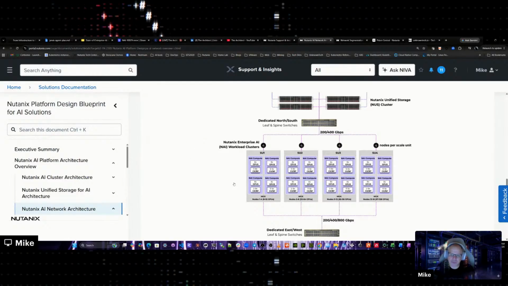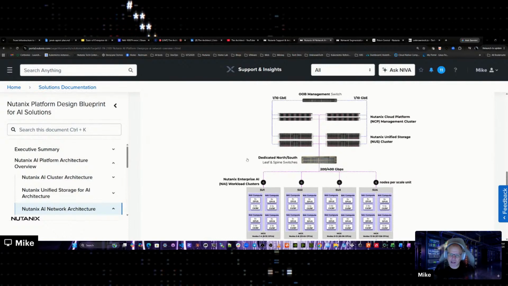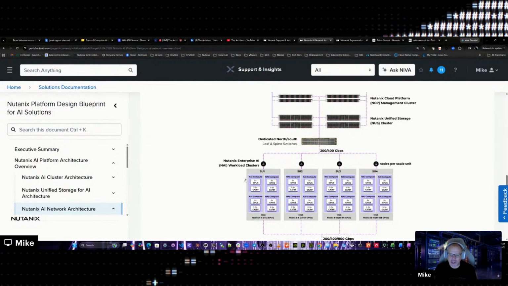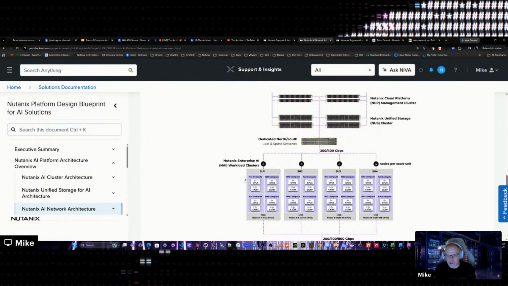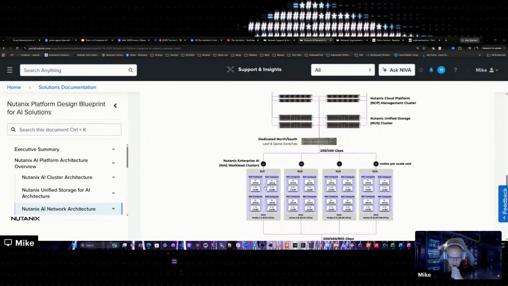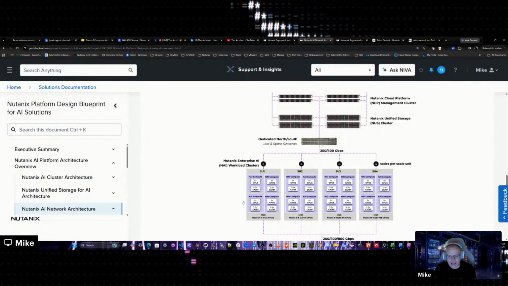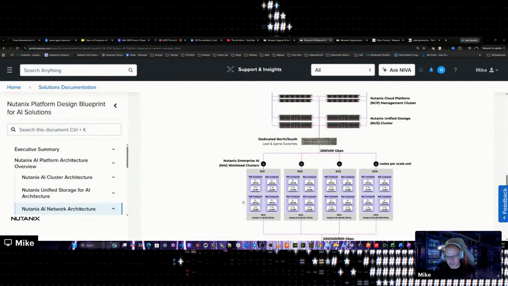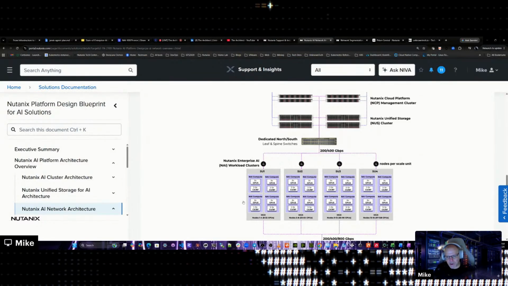Now, within this design, you also have dedicated north-south. Remember, your east-west is your communication within the cluster, so internode and intranode. Intranode is more around NVLink or the PCIe bus, NVLink connecting GPU to GPU within a node.